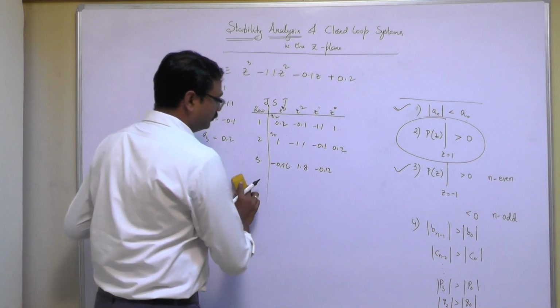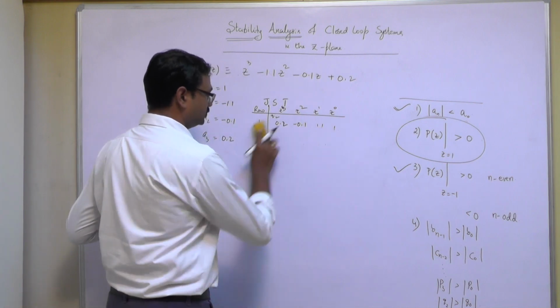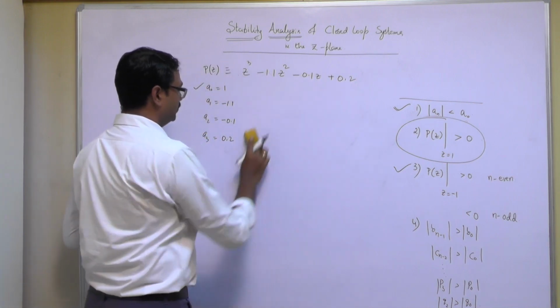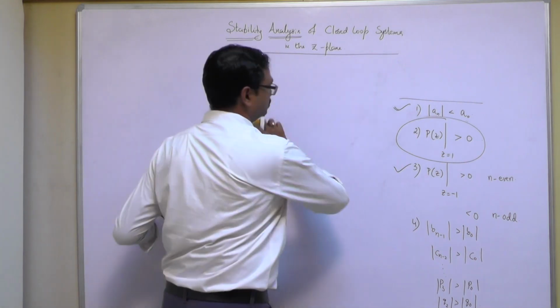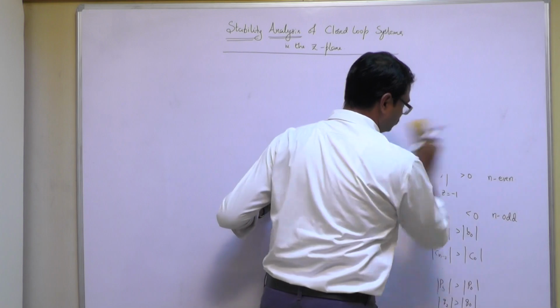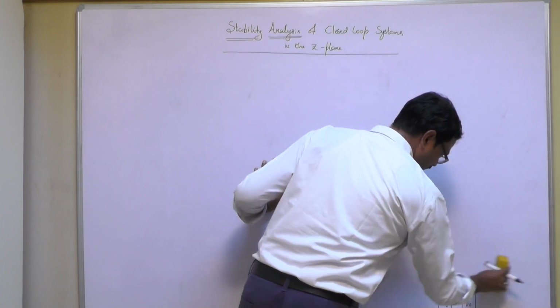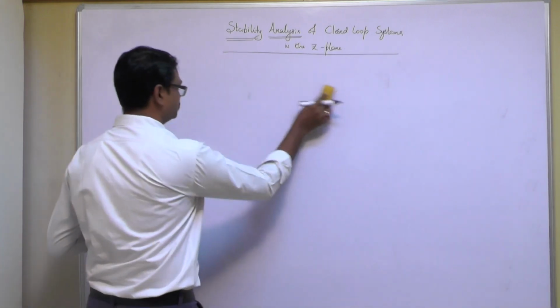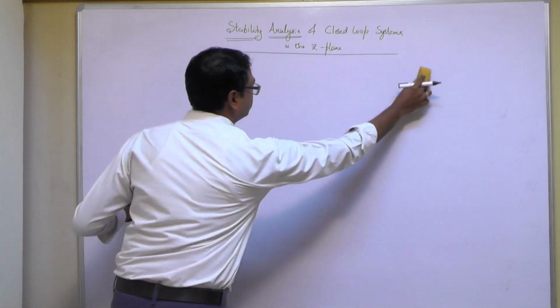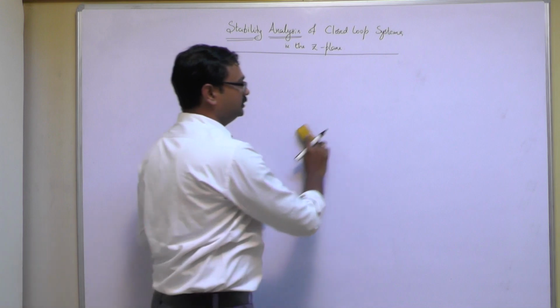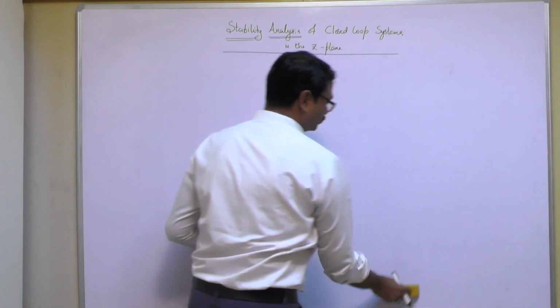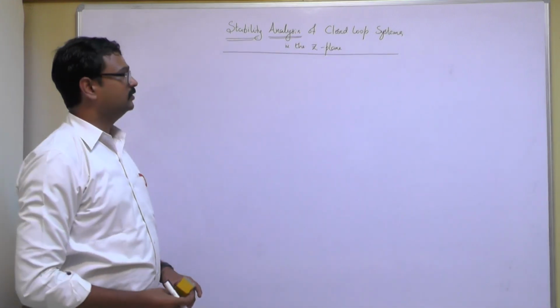Okay, so we are having a limitedly stable system in one case and the other is the stable system. Therefore, we can consider that the conditions given in the Jury stability test are all giving us information about how many poles are there inside the unit circle, outside the unit circle, and on the unit circle.